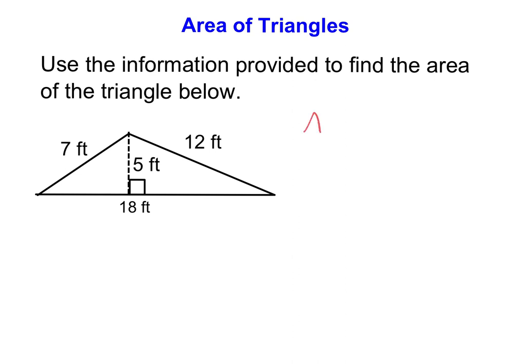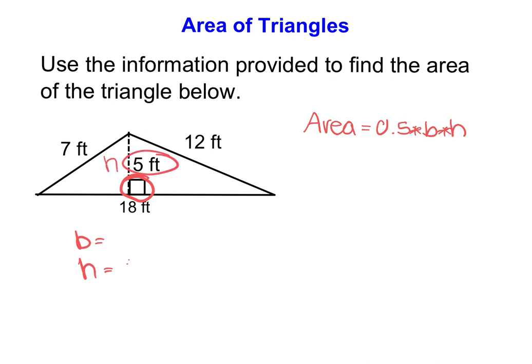Now let's use our knowledge of area to calculate the area of the triangle below. So we have area equals 0.5 times the base times the height. So in order to calculate my area, I need to identify the base and the height. And I know that the base and the height form a 90-degree angle together, and I know that the height is my internal measurement going up to that point.